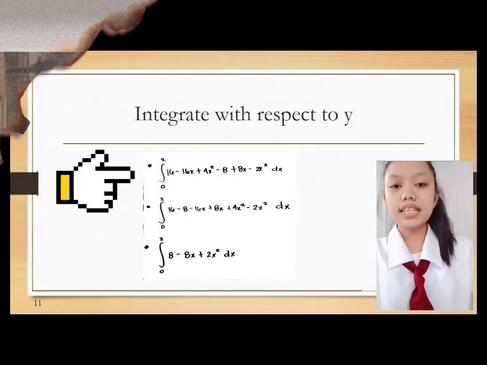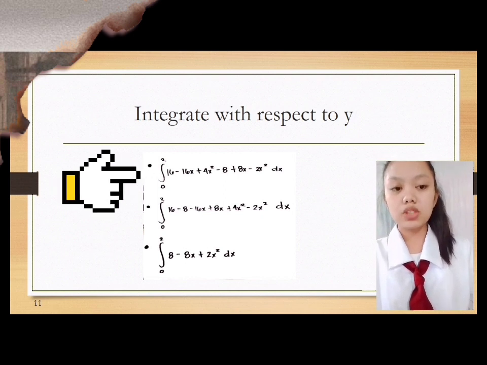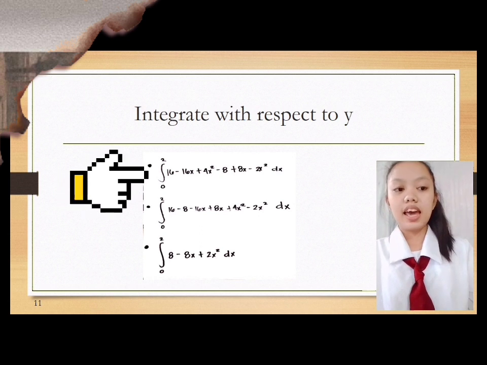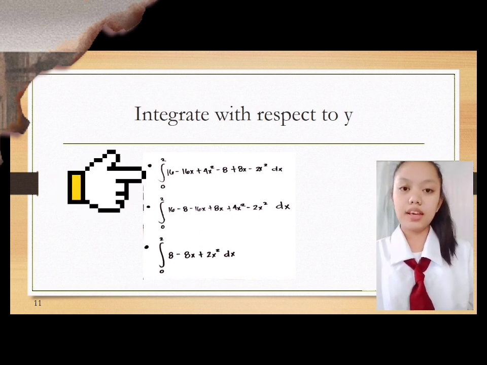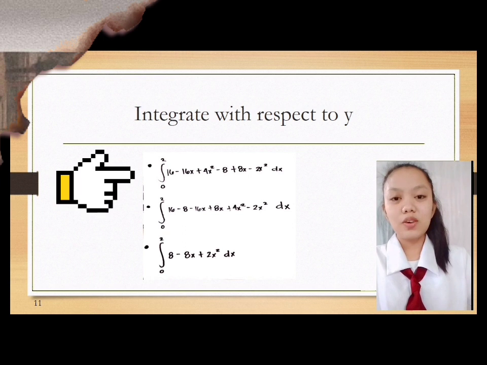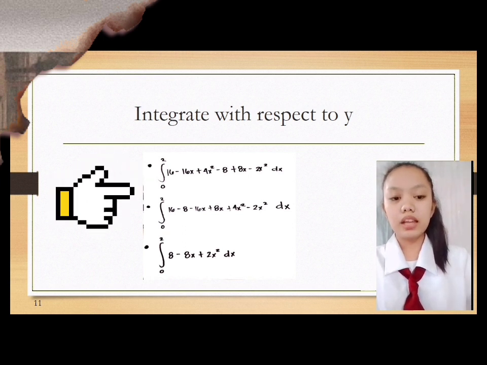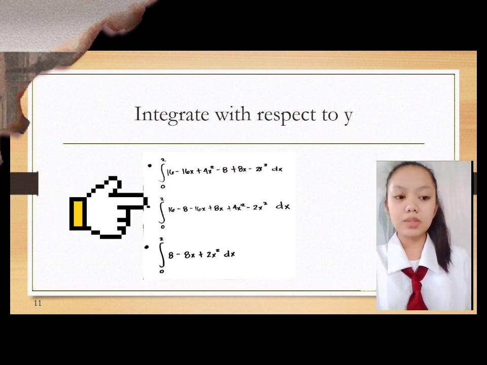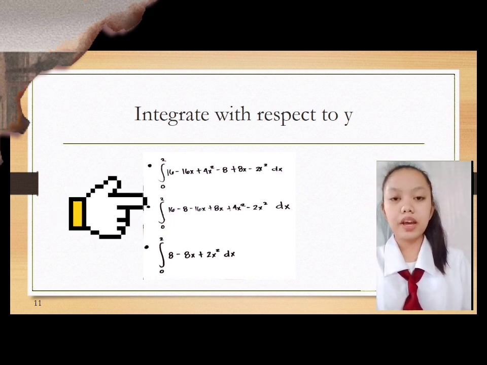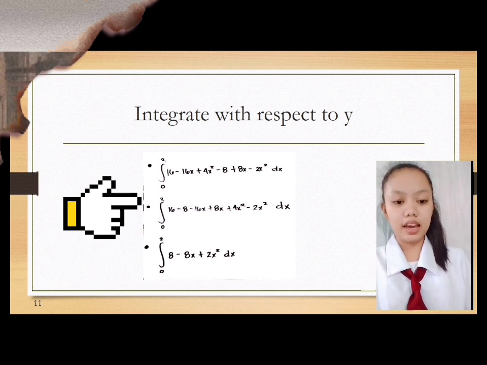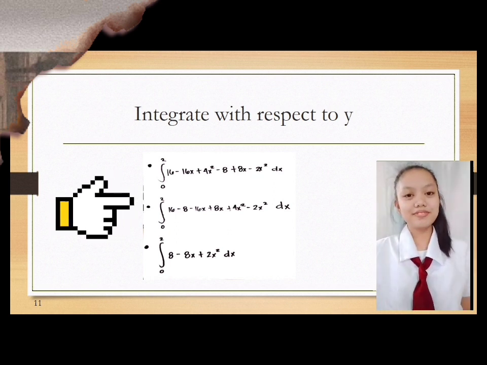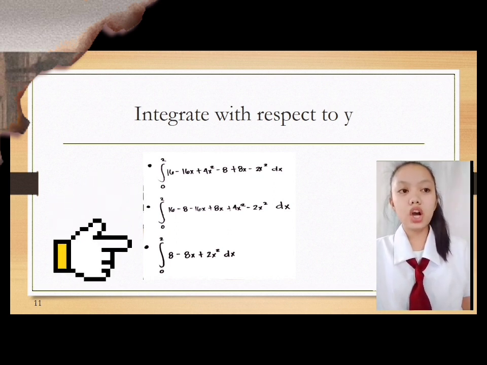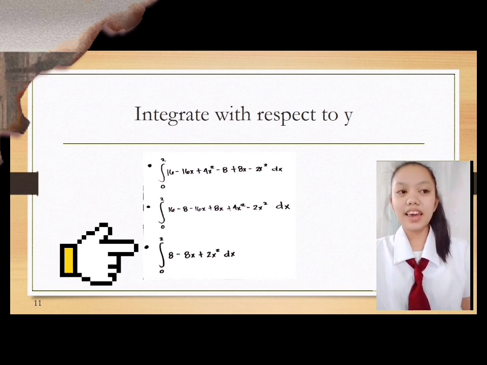So we have 16 minus 16x plus 4x squared minus 8 plus 8x minus 2x squared, then dx. So we simplify, then we get 16 minus 8 minus 16x plus 8x plus 4x squared minus 2x squared, and dx. Then we get the result of 8 minus 8x plus 2x squared, then dx.